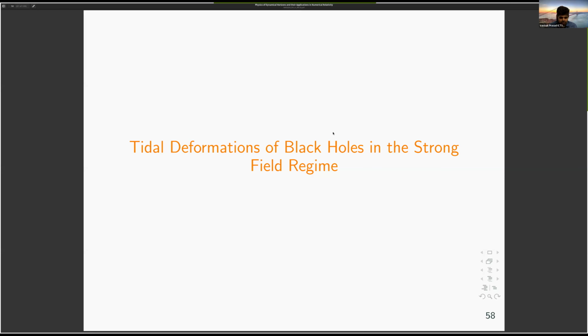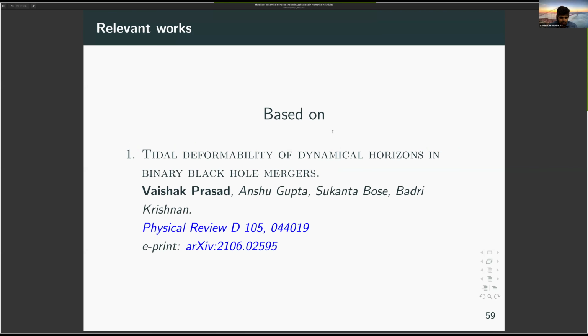What we wanted to do in this line of investigation was to propose an alternative approach to the problem of tidal deformations of black holes using not the gravitational field at infinity, which is what is usually done, but using the geometry of the dynamical horizons. Details can be found in this paper. Please feel free to look it up.